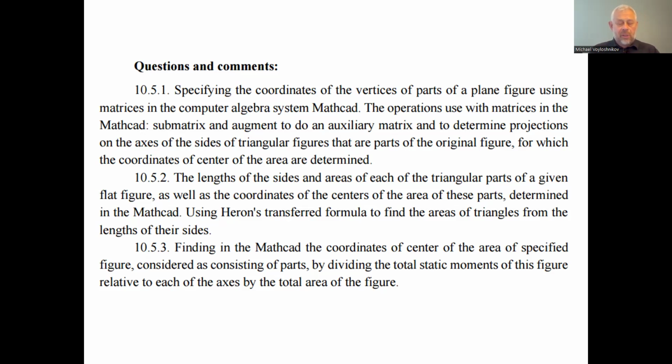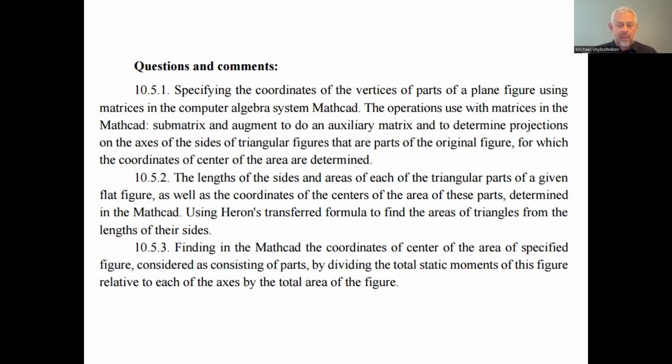So after the division of this complex figure into triangles, we have to define the abscissas and ordinates as matrices. The matrices have three columns because we divided into triangles. The complex figure assigned, we divide into triangles. And the number of rows is equal to how many triangles we got by the division of the assigned figure. And we have these two matrices for the abscissas and for the ordinates. After that, we have to find the projections of the sides on the coordinate axes.